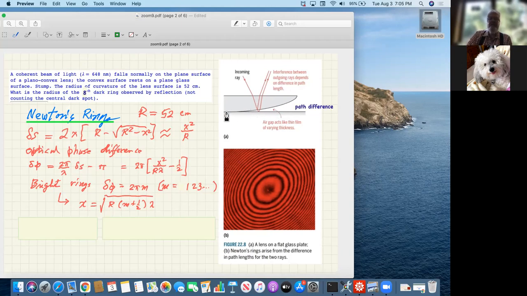And the lens rests on a plane glass surface. So when the light comes in, part of it will go into the glass, reflect off the spherical surface, and come back out.